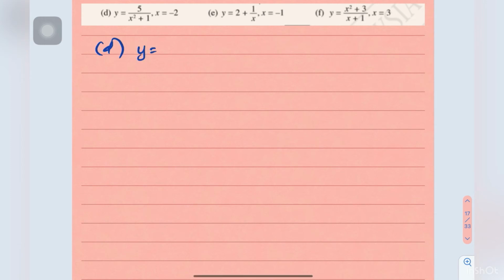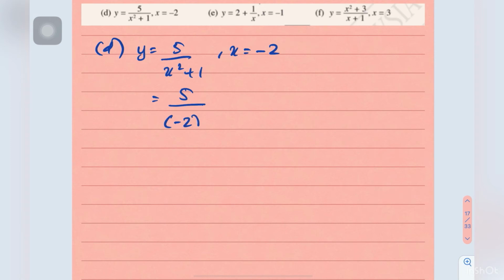y equals 5 over x squared plus 1. x is negative 2. Find y first. 5 over negative 2 squared plus 1. So 5 over 5 is 1. So the coordinate is (-2, 1). Okay, for this one, we have y equals 5 over x squared plus 1.